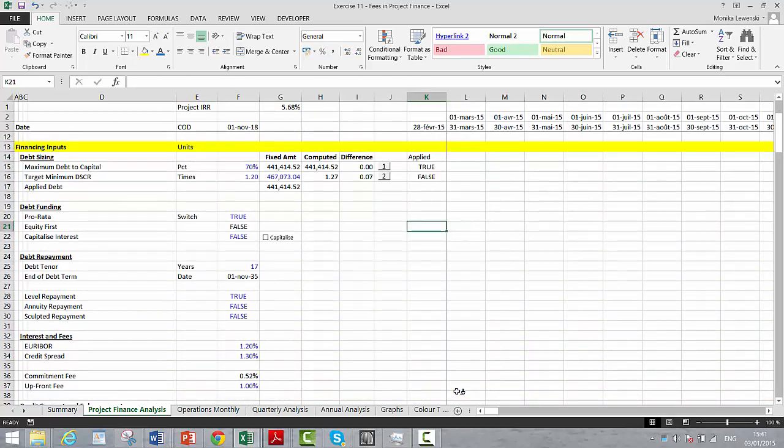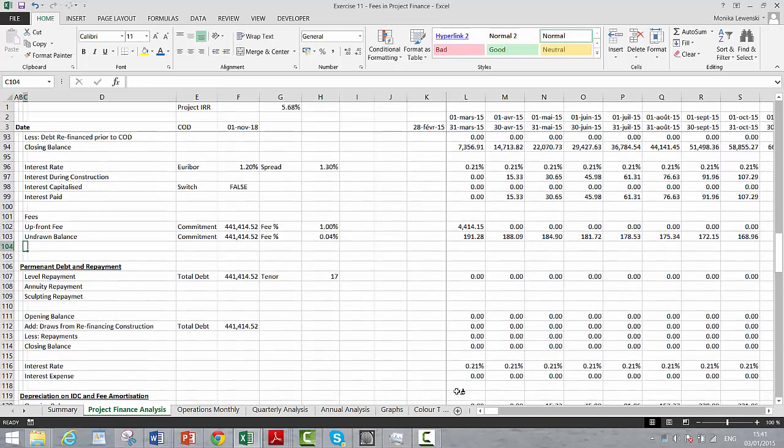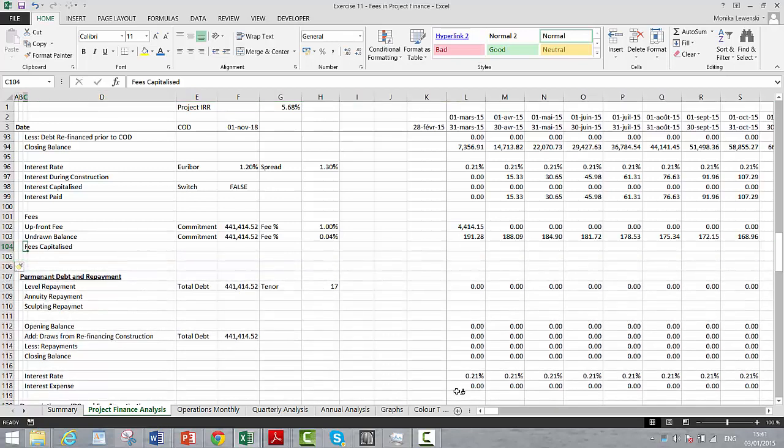It said capital, and I think it would be very common that if you capitalize the interest, you'd also capitalize the fees. Then we'll just put the fees capitalized just like we did before, and then add another line for the fees paid.